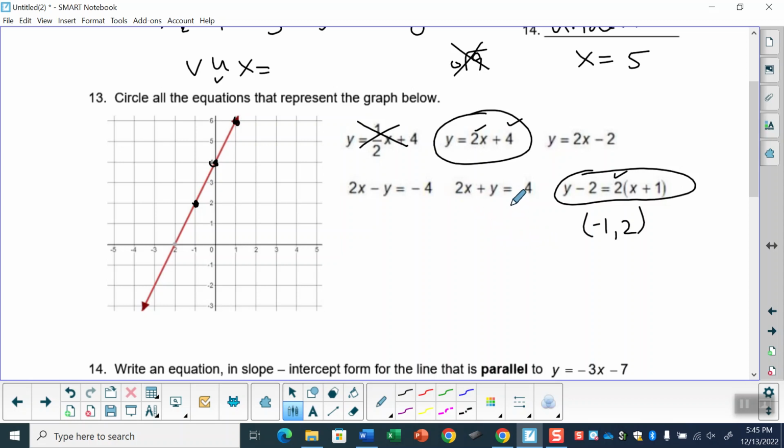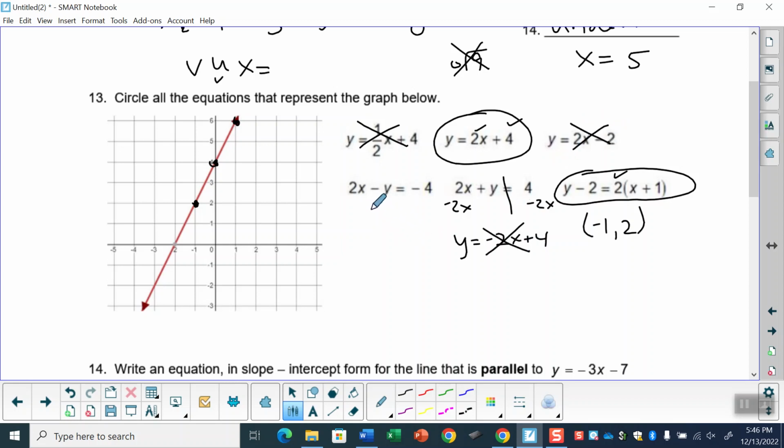All right. This one is a nice easy one. I just want to subtract 2x to get that in slope intercept form, so that would be y equals -2x plus 4, so that is not it, right? That's a negative slope. This is +2 for a slope, but this is the wrong intercept, so I'm going to cross that out.